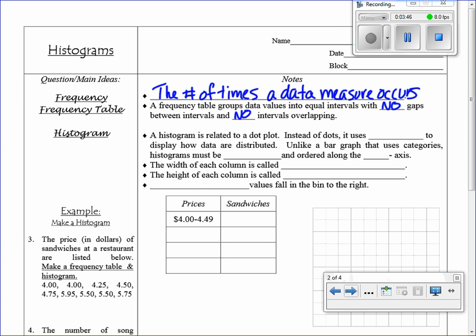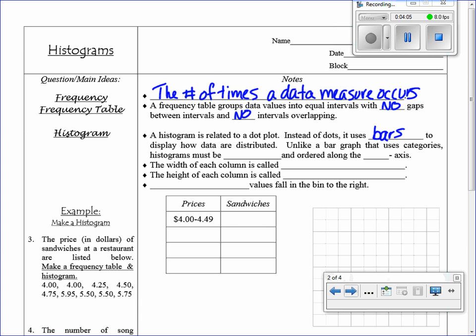A histogram is related to a dot plot, if you know what that is. Instead of dots, it uses bars, kind of like a bar graph, to display how data is distributed.